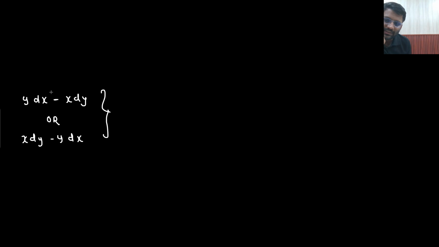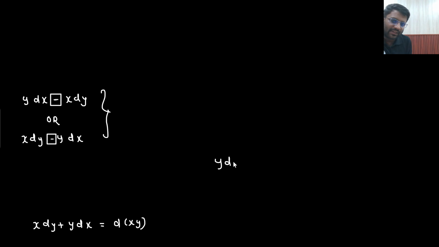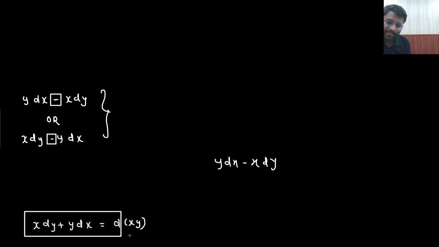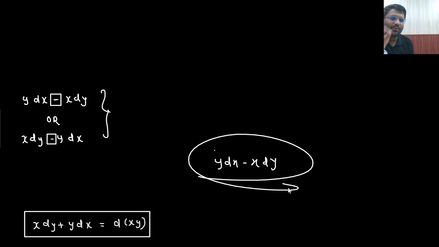Because you know that if I see the positive sign, x dy plus y dx, let's just say, then I know that it could be written as d of xy. But when I see y dx minus x dy, do I know anything? This thing I already know. I don't have any problem with that. But do I know anything for this? I told you he has no brother. He doesn't know anything. y dx minus x dy could not be written as anything.